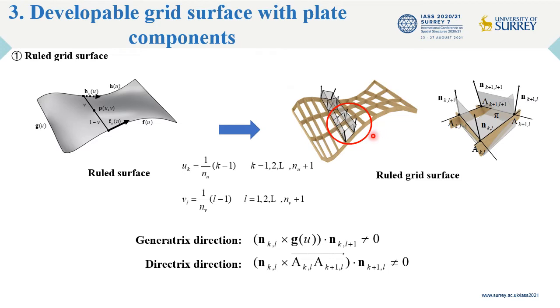Similarly, the normal vectors of each node in the directrix direction are also not coplanar, which indicates that both the plate components in the generatrix and the directrix directions are likely to be distorted.